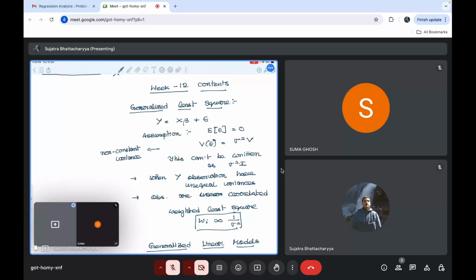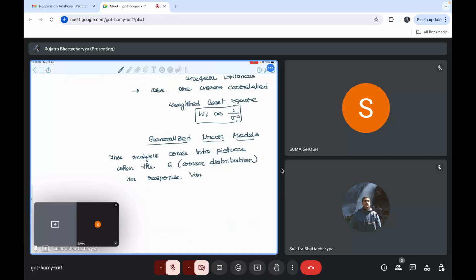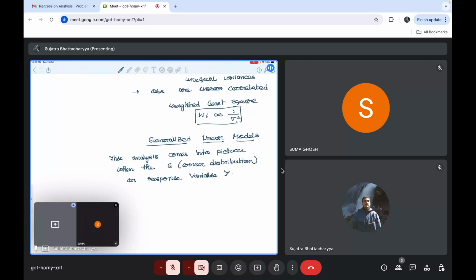If x is not following any distribution, y will have a distribution similar to that of epsilon. So it will come into picture when the error distribution, or the response variable y distribution, is not normal. It's not coming from a population of normal distribution. Only then will we go towards the generalized linear models.